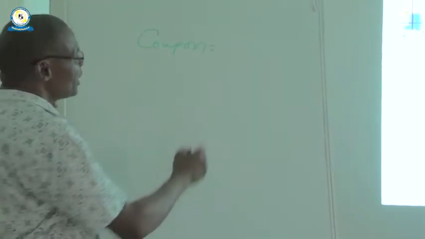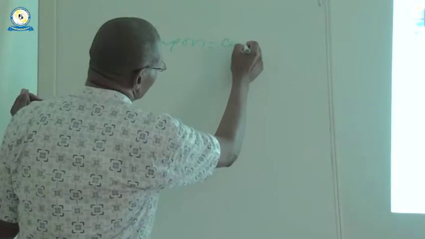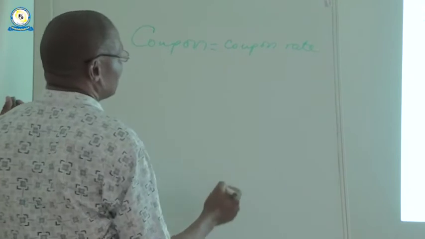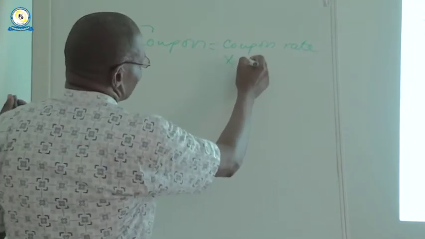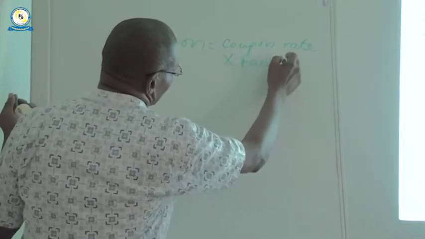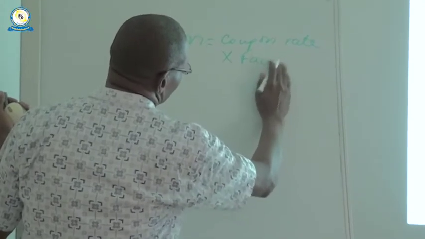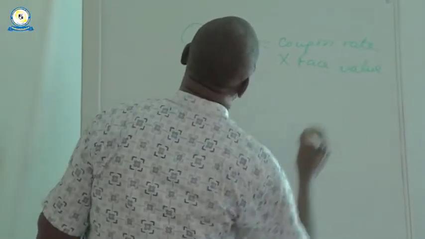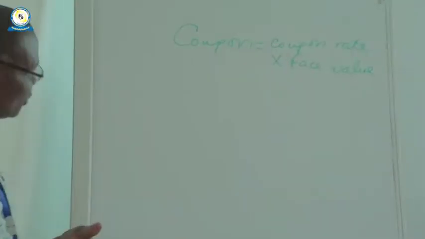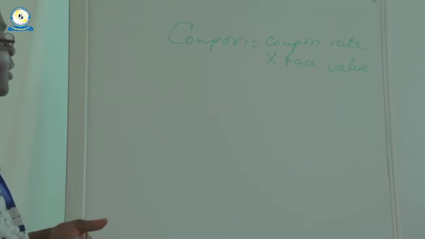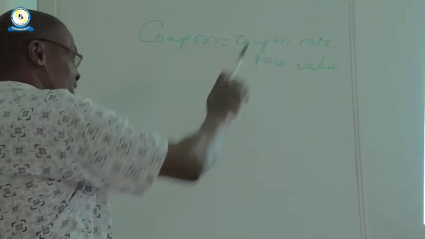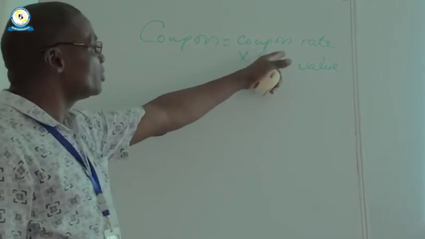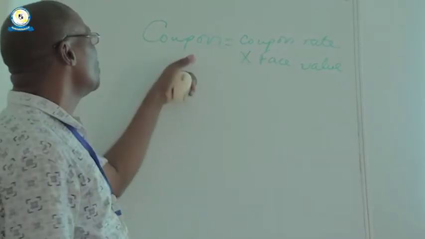We are supposed to have a coupon rate and we multiply by face value. So in order to get the interest of the bond or the coupon, we are supposed to be given the coupon rate and face value. When you multiply this coupon rate with this face value, you get the coupon.